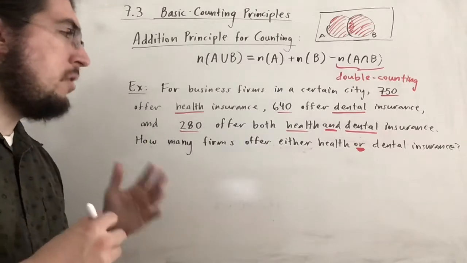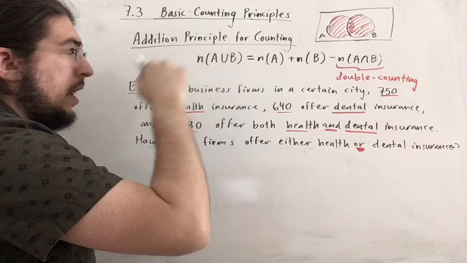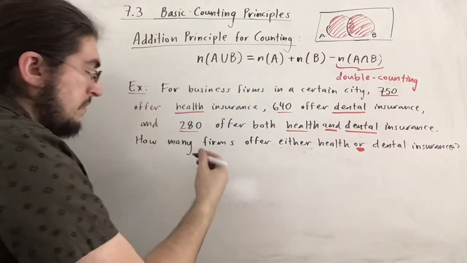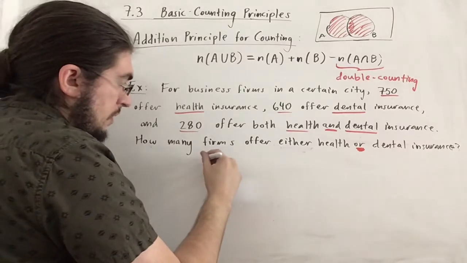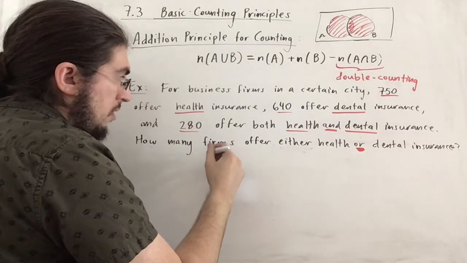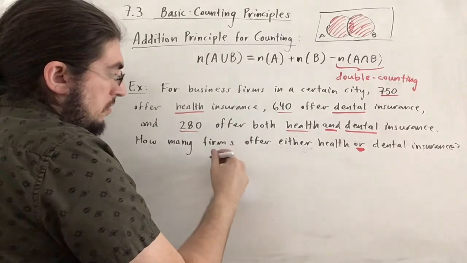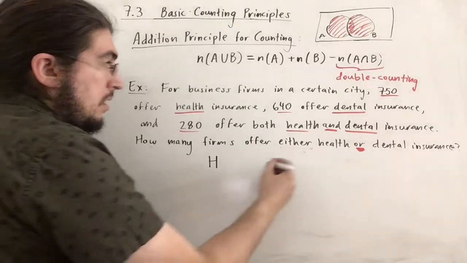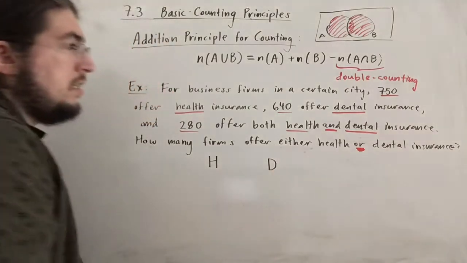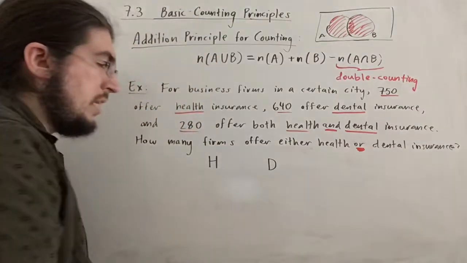So really what we want to do here is call these sets different things. Let me call H the set of all firms that offer health. I'm going to call D the set of all firms that offer dental. And then, well, that's really it.